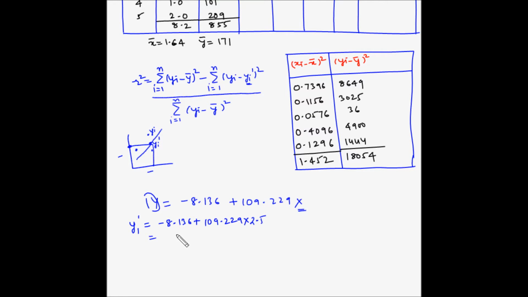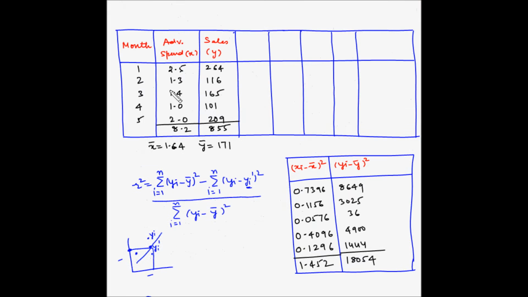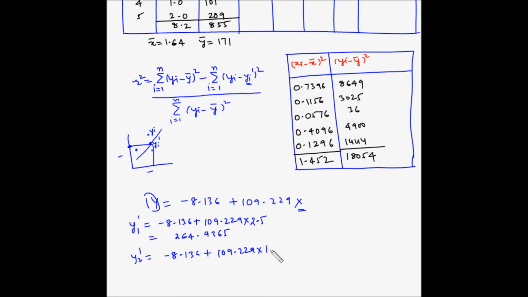So this comes out to be 264.9365. y2 dash is equal to minus 8.136 plus 109.229 multiplied by x2, which is 1.3. So this comes out to be 133.8617.